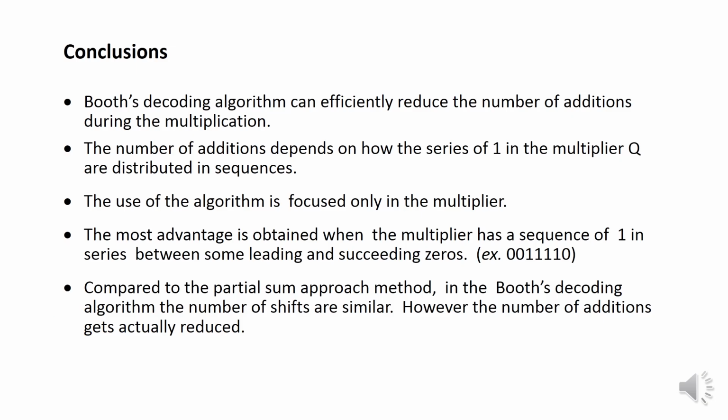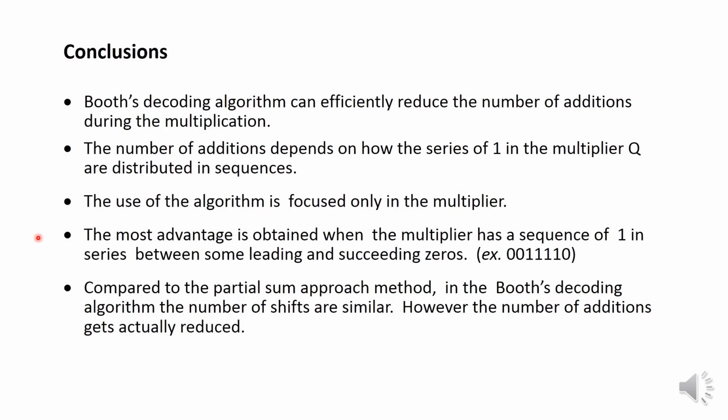In summary, the Booth decoding algorithm can efficiently reduce the number of additions during the multiplication. This number of additions depends on how the series of ones in the multiplier are distributed in sequence. The use of the algorithm is focused only on the multiplier.